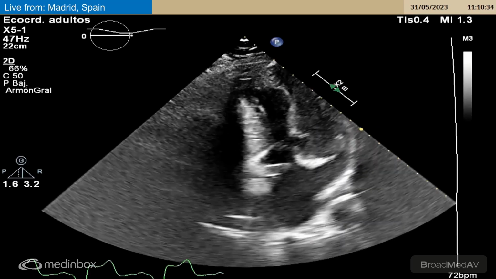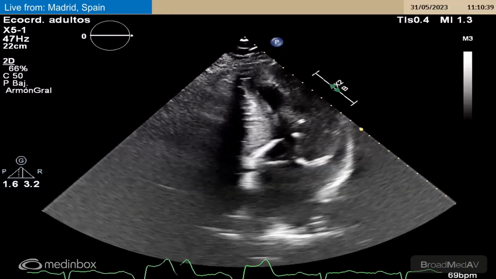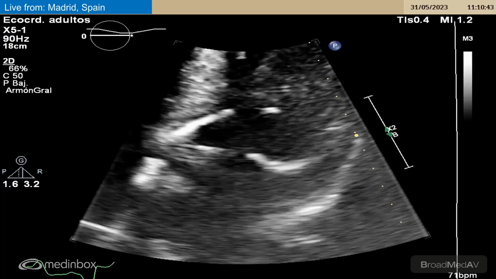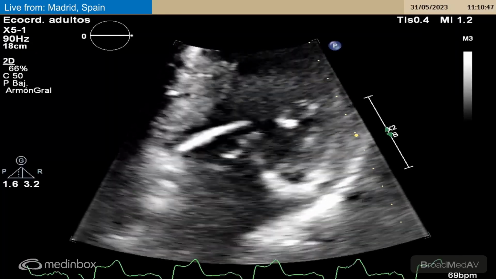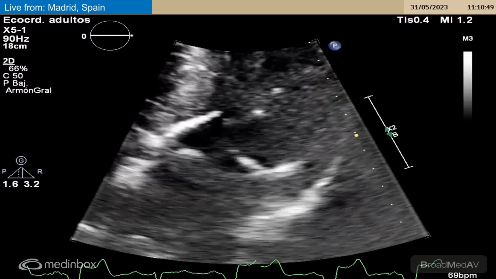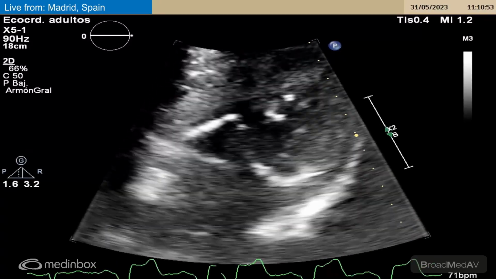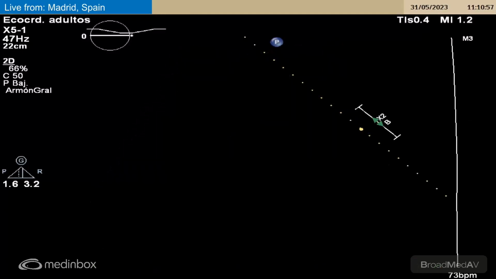You can also see here that there is systolic anterior movement. We cannot see the MR very well, and it doesn't look severe. But you can see here the anterior movement of the anterior mitral leaflet.